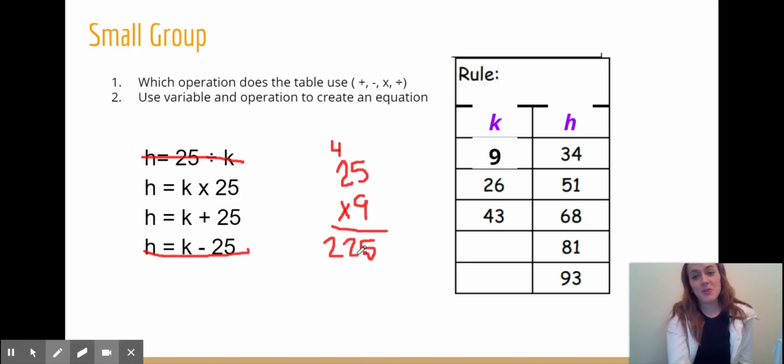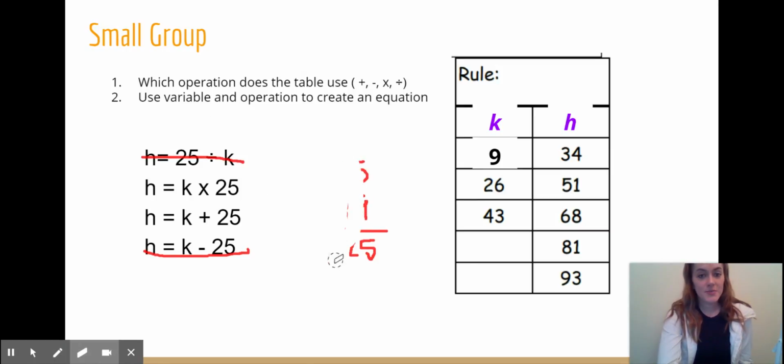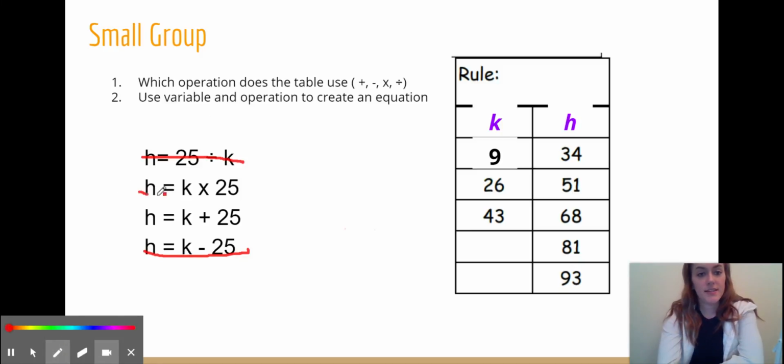I know that this rule would not work for this input-output table. The numbers would be way too big if we were multiplying 25 to each group. So let's at least check the last one just to double check that it works for all of my columns. So we can cross out the multiplying and let's try the adding.